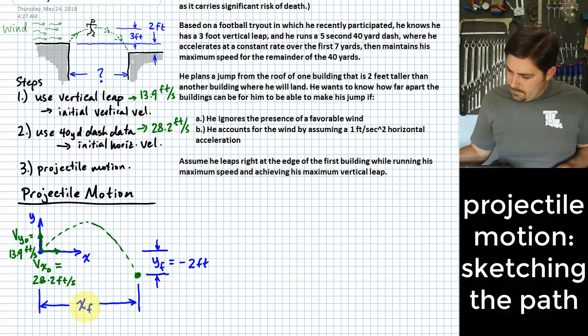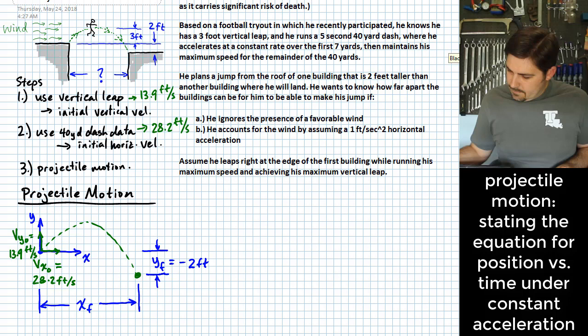All right, for either of these, we can use a standard constant acceleration type of formula. You'll notice that regardless of whether or not he is accounting for wind, he's going to assume he has a constant amount of acceleration in both directions. When you have a non-constant acceleration, you can't just blindly use these formulas, but when you do have constant acceleration, you can use formulas such as equation 12.5, if you are using Hibbeler's 14th edition.